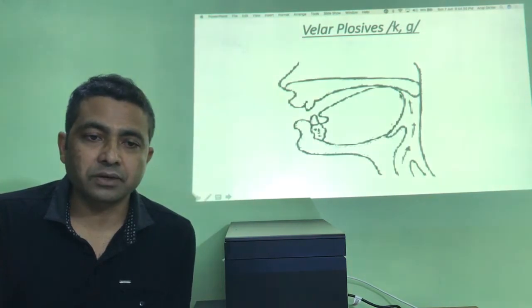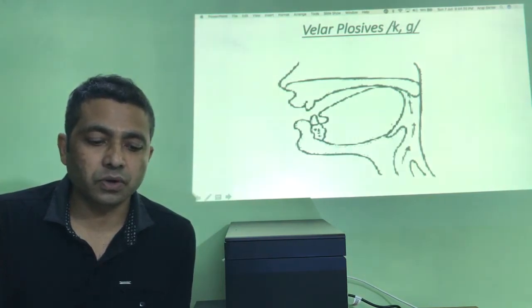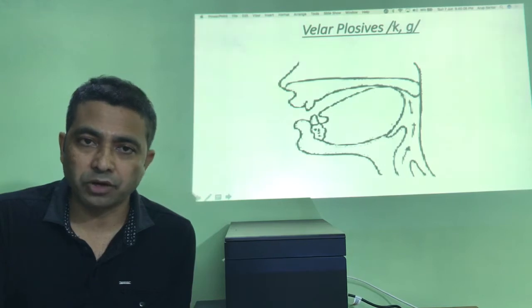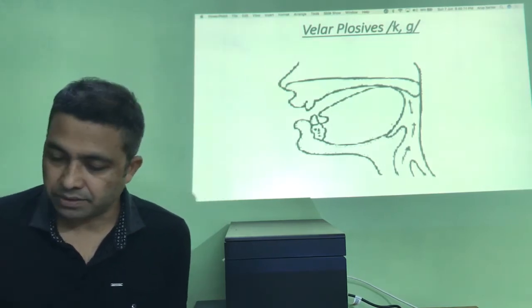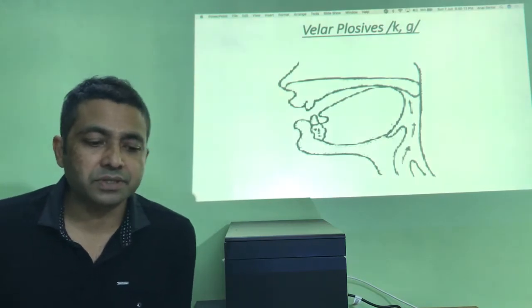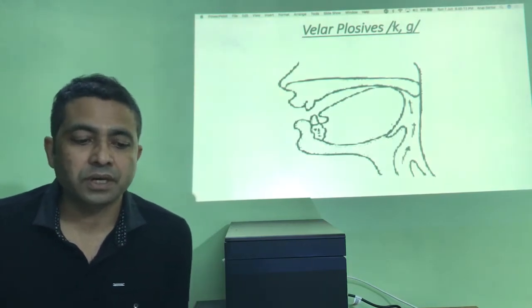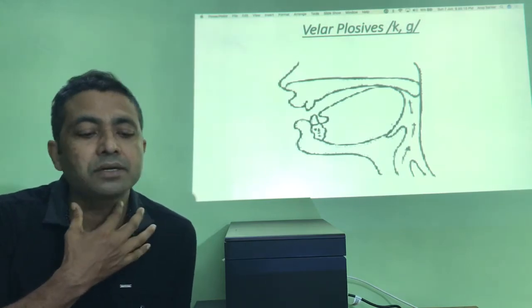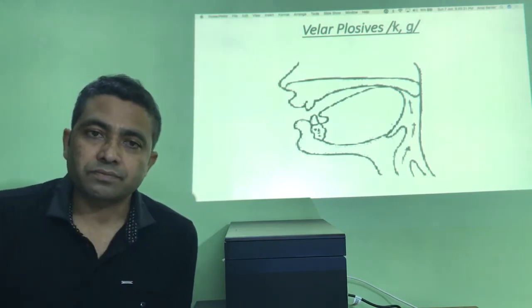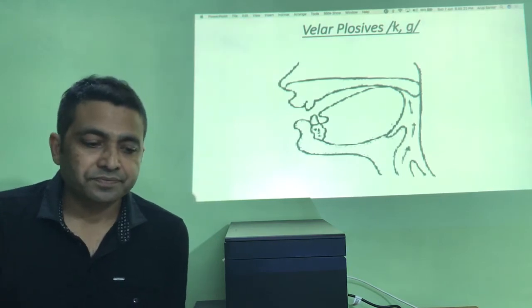The back of the tongue goes to the velum, and they come against each other and block the passage, then there is a sudden release. So when the air is released, the sound is a kind of plosive sound. /k/ is voiceless, the vocal cords are held apart, and /g/ is voiced.